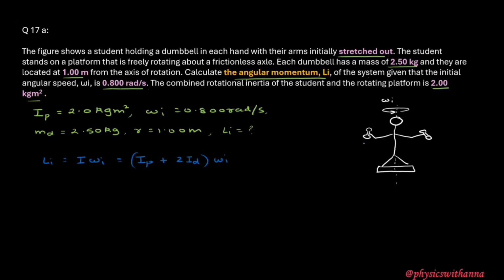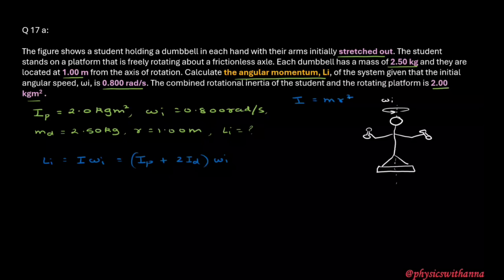We can treat the dumbbell as a point mass and we know the moment of inertia of a point mass is mr squared. So we can rewrite this expression as Li equal to Ip plus 2 times the mass of the dumbbell times r squared, times omega i.